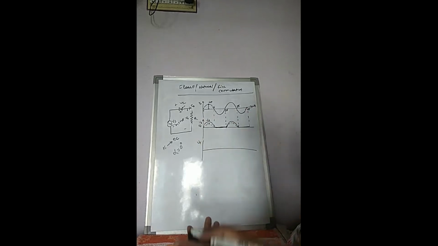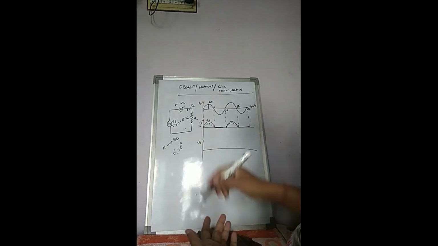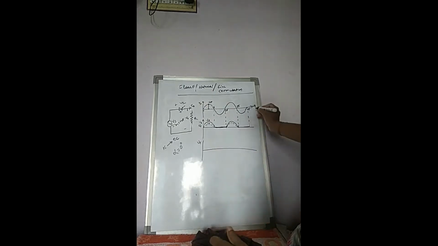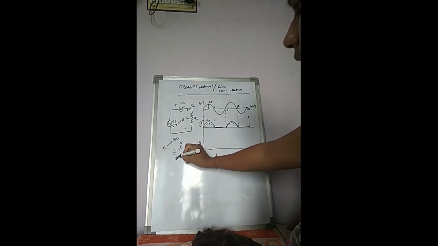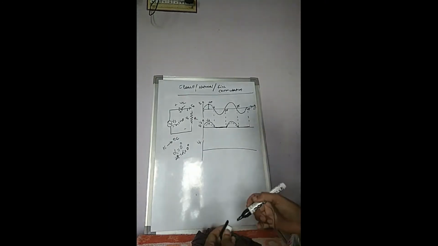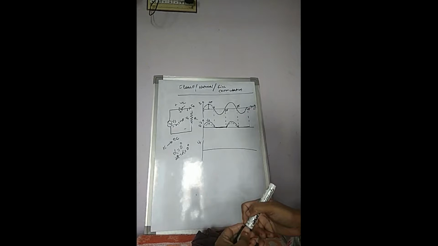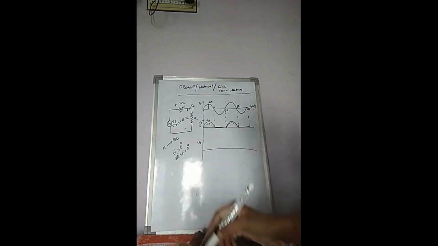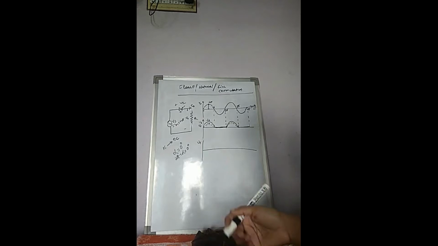So if the firing angle is equal to 0, that means omega t alpha, you can take omega t, is equal to 0. So when the firing angle is equal to 0, it behaves like a diode. Okay, because a diode is also a semiconductor device which can turn on and turn off without the gate pulse.